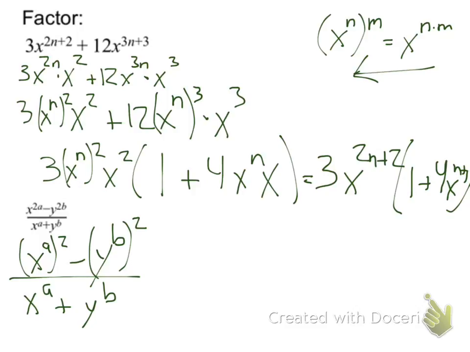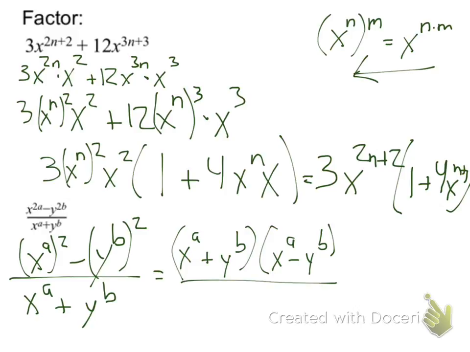What's a and what's b in this case? It's not the a and b there. It's x to the a and y to the b, sorry. So therefore, it becomes x to the a plus y to the b times x to the a minus y to the b, all over.